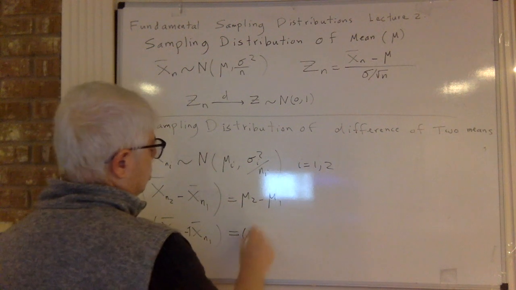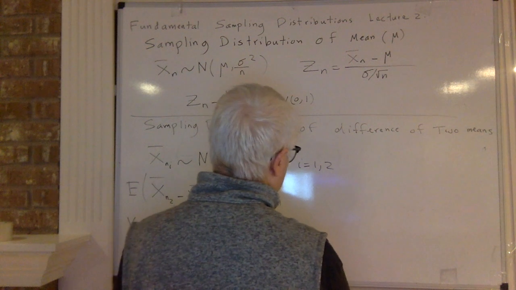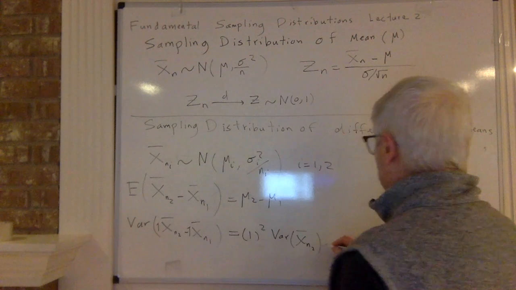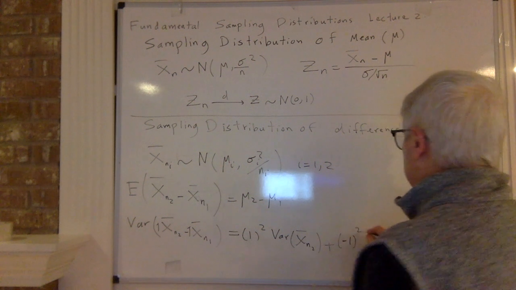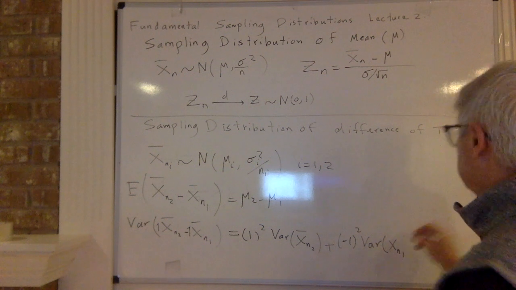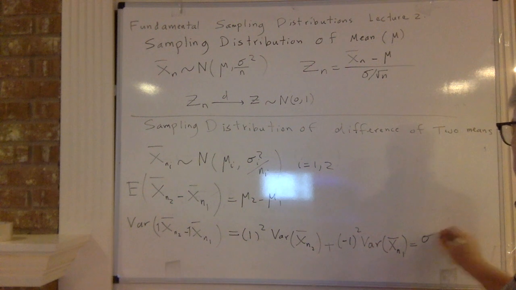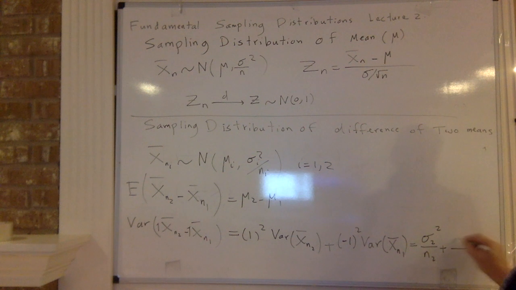So it's, in fact, 1 squared variance of the first one plus minus 1 squared variance of the second one. So this will be sigma squared 2 over n2 plus sigma squared 1 over n1. So the variances are not subtracted. They are added because of this property of variance.